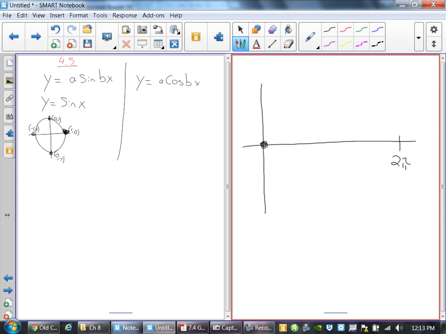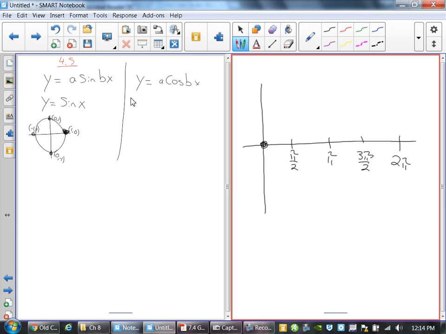What's halfway between 0 and 2 pi? What's halfway between 0 and pi? And then between here would be 3 pi over 2. So those are our critical points, our critical values, where it's changing direction, where the easy parts are defined.